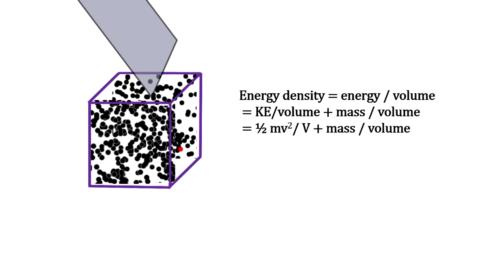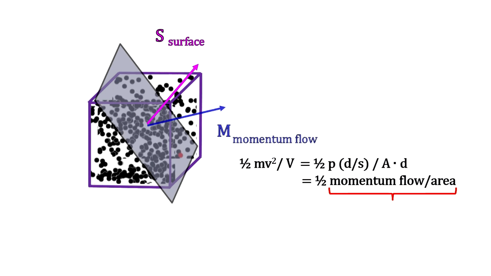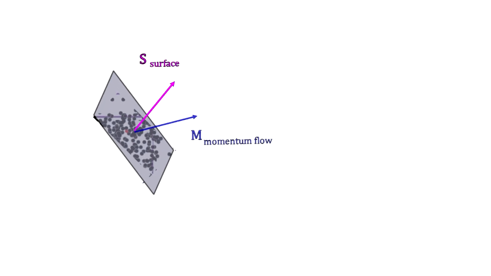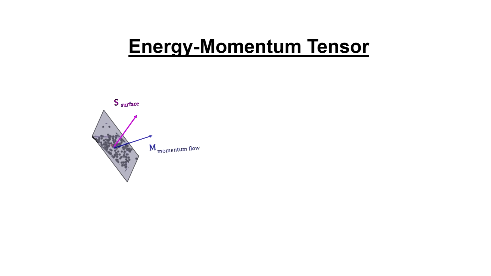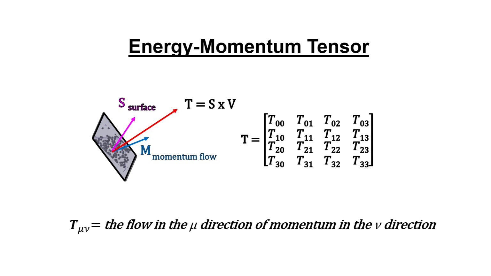So in addition to calculating the mass-energy density of a volume of space, we need to account for the flow of energy through each surface of the volume. This information can be packed into a 4x4 matrix known as the energy-momentum tensor, or stress-energy tensor.